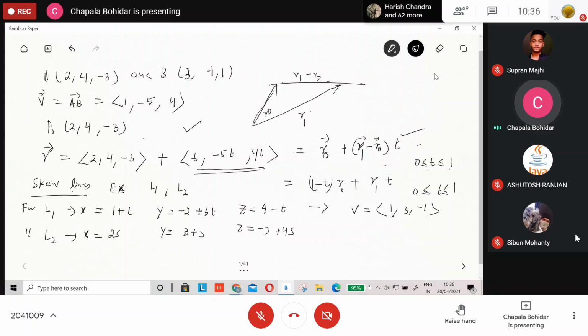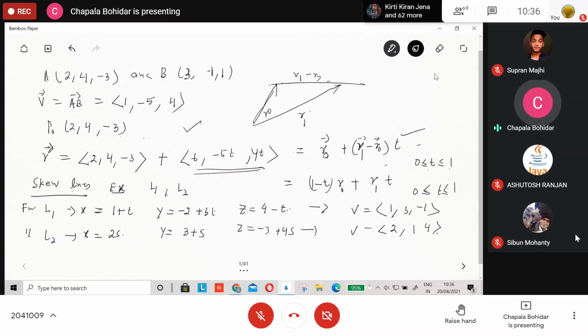In L2, vector V is 2, 1, 4. Here t is the parameter for L1 and s is the parameter for L2.